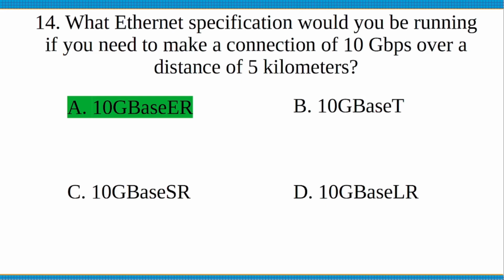The answer here is A. 10GBase-ER. If you need to make a connection that is 5 kilometers long, then you are limited to fiber optic cable, especially single mode fiber. Two common SMF standards are 10GBase-ER and 10GBase-EW. SR and LR are fiber standards that do not stretch for 5 kilometers.